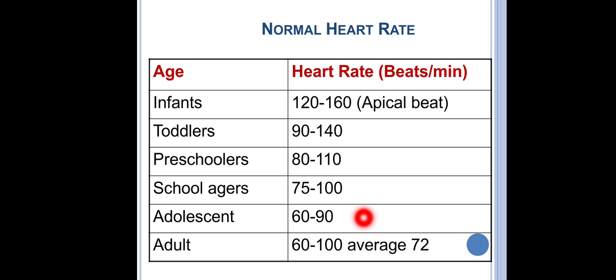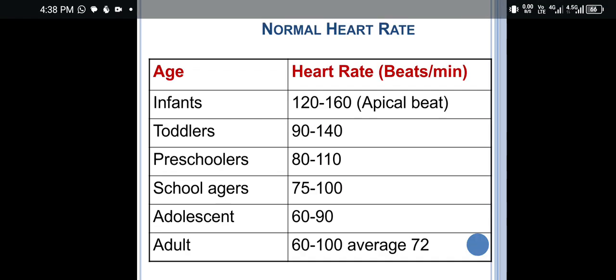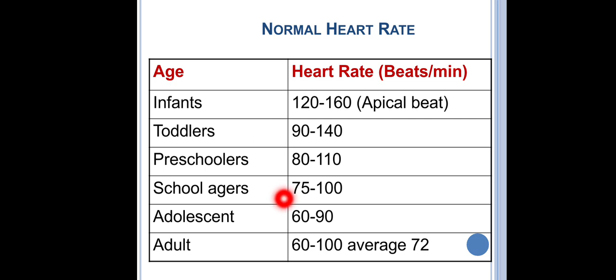Now, the pulse of an infant is between 120 to 160, but for an adult, it's 60 to 100. So you should know both of these pulses, specifically for the infant as well as for the adult. This is going to be very important for you to know the abnormalities.